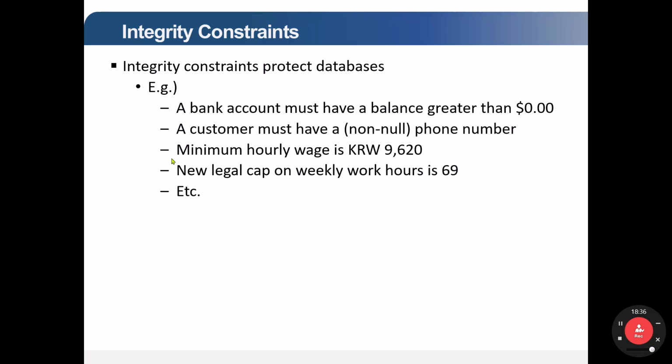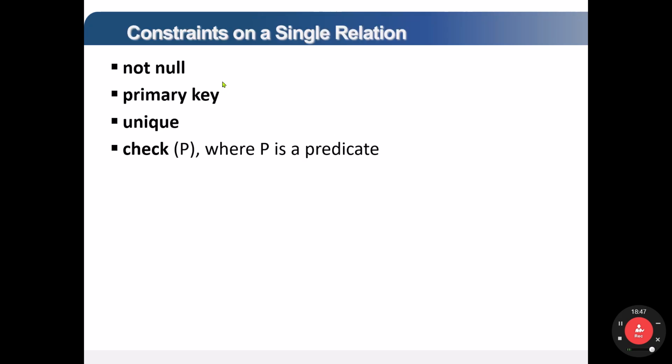So some applications require certain limitations or constraints, and those constraints can be declared when you create a table. So not null is one of the examples, primary key is another, and unique is also another constraint example, and check is the new one. What is check? You can put any predicate inside the parentheses, and only if this predicate evaluates to true is the value allowed to be stored in the table.